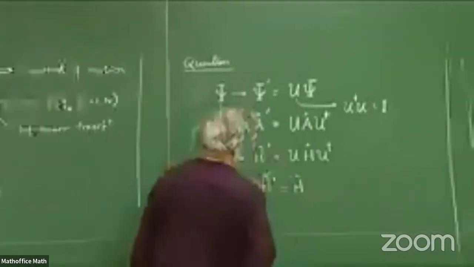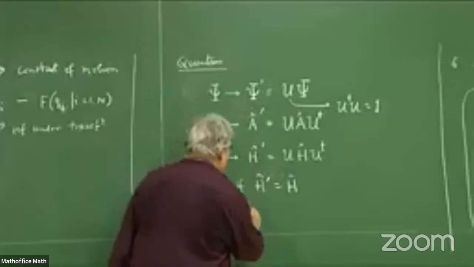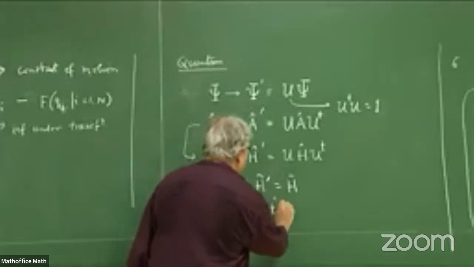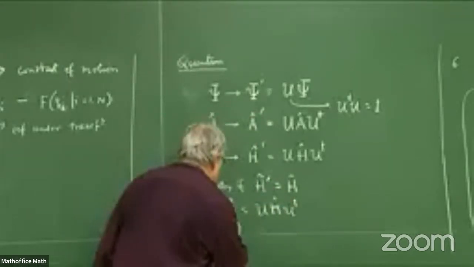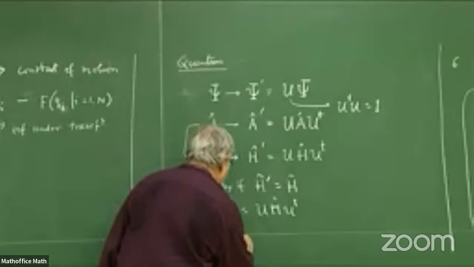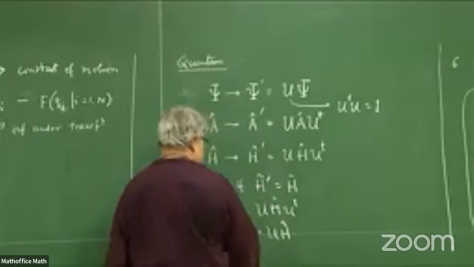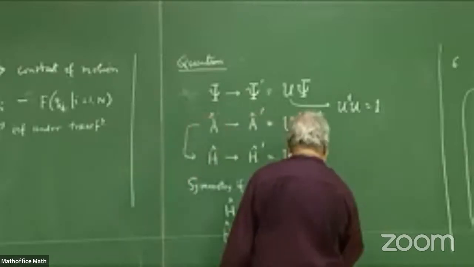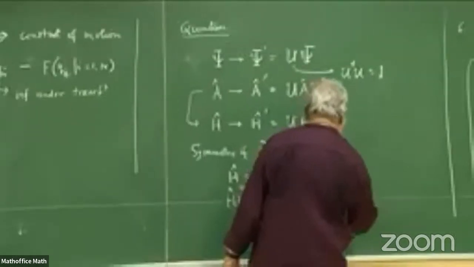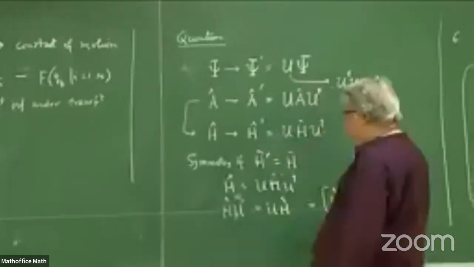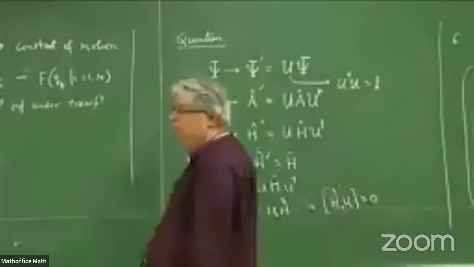In that case, H equals U inverse H U. Multiply by U from both sides: H U is equal to U H. And that means the Hamiltonian and U commute. This U is not the time evolution operator.